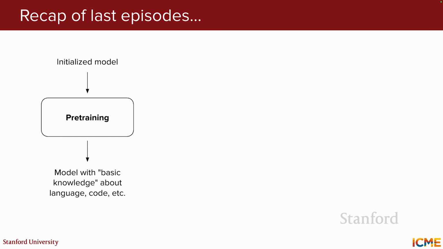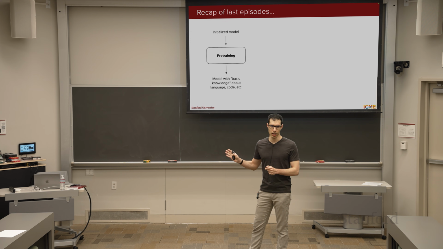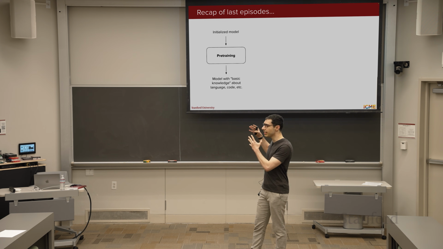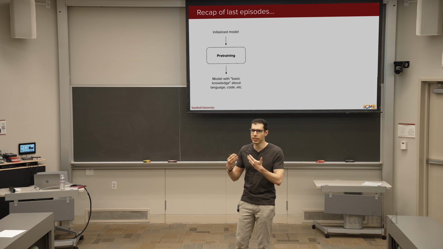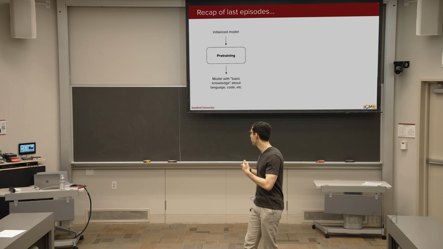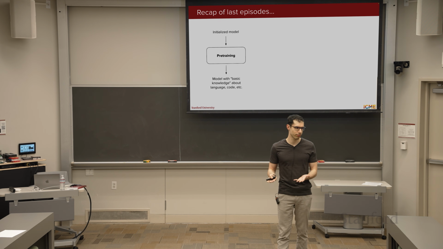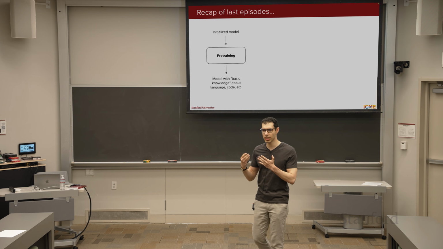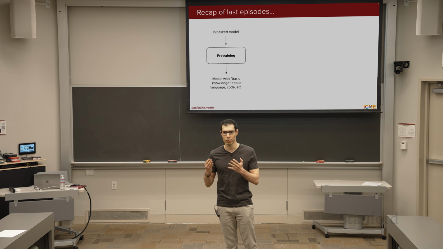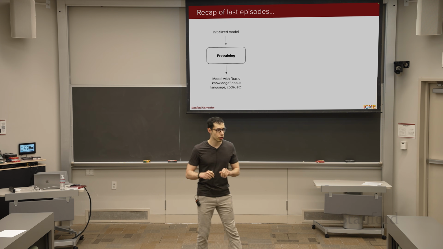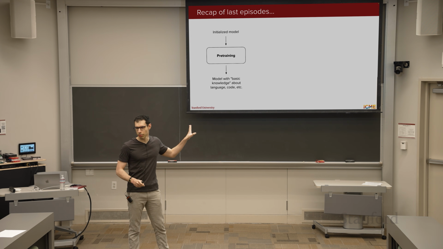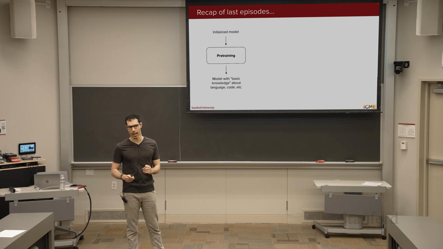The first one was called pre-training, where you're basically taking a model that has been initialized, and you're trying to teach the model about language, about code. This step is very time-consuming, expensive, compute-heavy, and happens on a lot of data. We've seen training optimizations on how to make that happen.